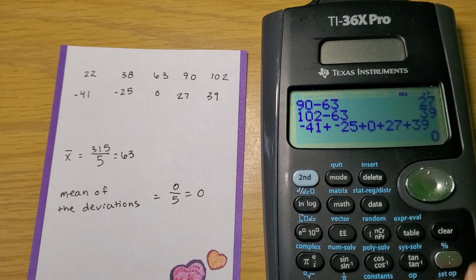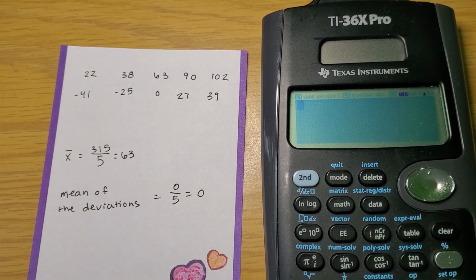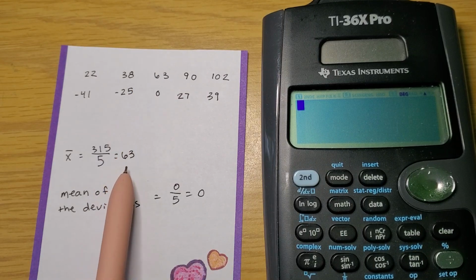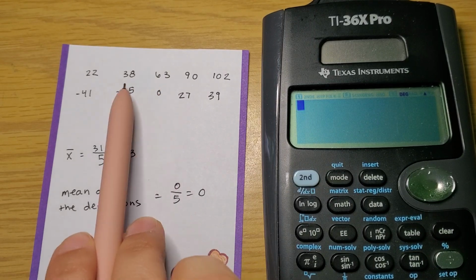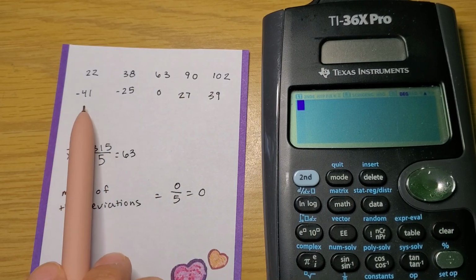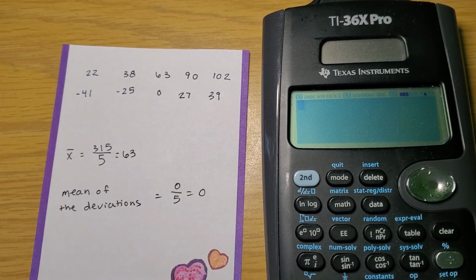Okay, so here's what that would mean. That would mean, on average, the numbers are the same as the average. And that's really not true here, right? 63 was the same as the mean, but these other numbers are really different from 63. This one is 41 away, so I wouldn't say it's an average of 0 away.